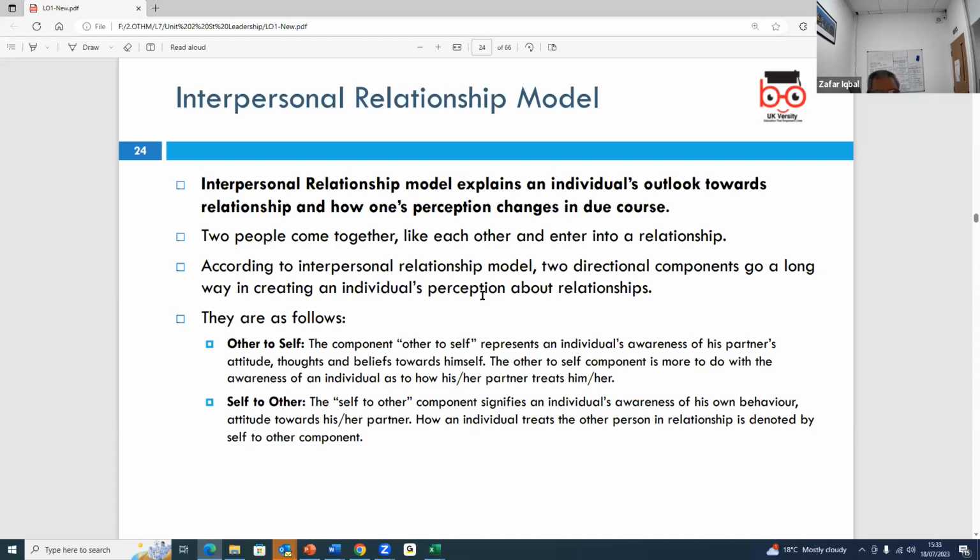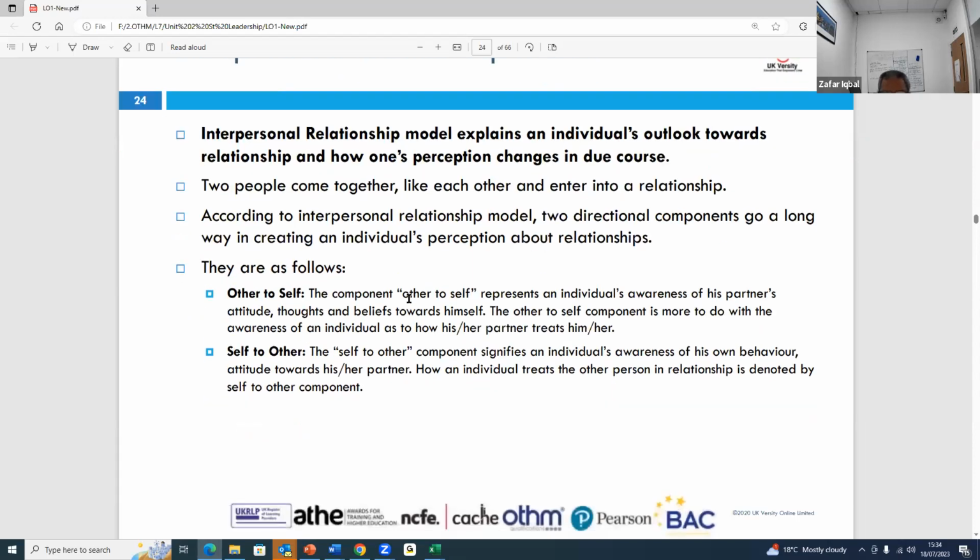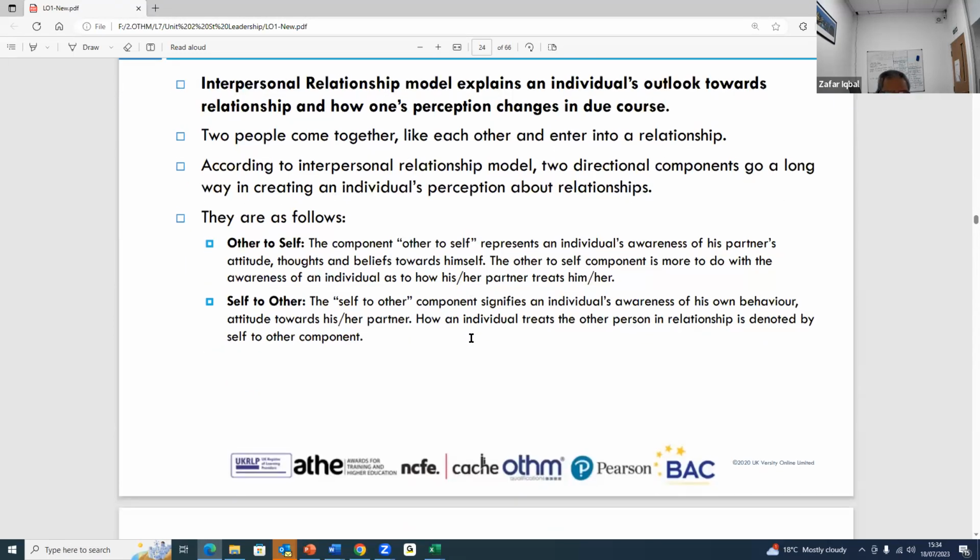So it's a two-sided relationship model, which looks at other to self and self to others. This is quite an important development when we look at awareness, or at how individuals are treated by one another.